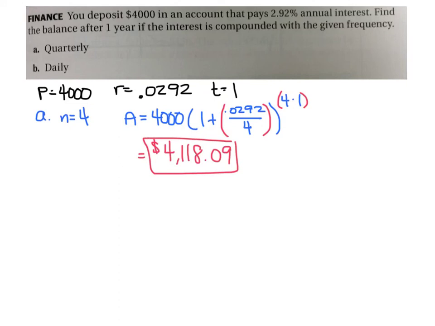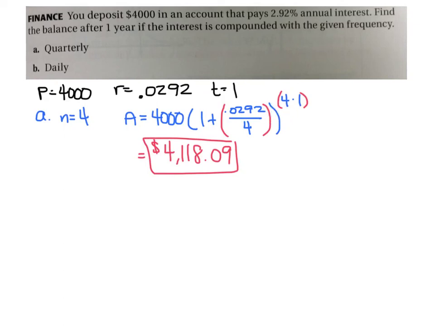A little bit more. Let's see what happens. Because what's happening here is that your rate is getting divided by the number of times a year, right? So we can't give you 2.92% every single time. I have to split that up 4 times. But since I'm not just doing it 1 time a year, I have to take my number of years and multiply it by how many times I'm going to do it per year.